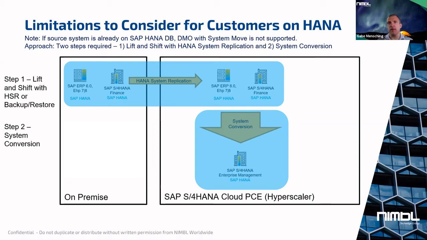We don't need to upgrade anything. We simply can do HANA system replication to move the system over, or a backup and restore using a HANA backup. Restore the system over to your S4HANA Cloud PCE environment, and then actually do the system conversion using the software update manager. So 2 steps, 2 downtimes, but it still gets you to the end of being on the S4HANA Cloud Private Cloud Edition.